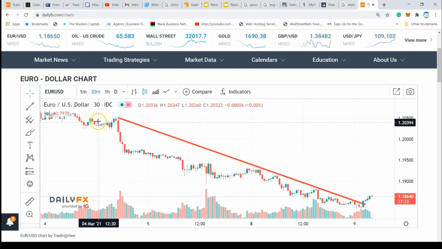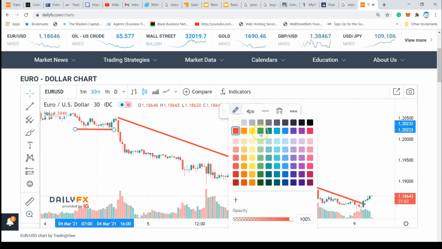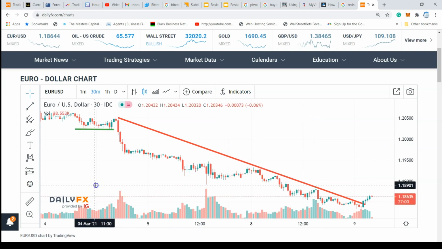Now let's look at right here. Let's just say we want to trade, and we're going to do a green line right here. And so every time it goes right here, green line, because we need to know what's going to happen.